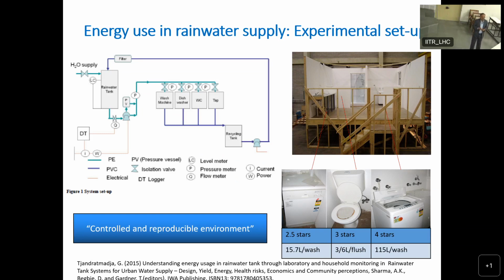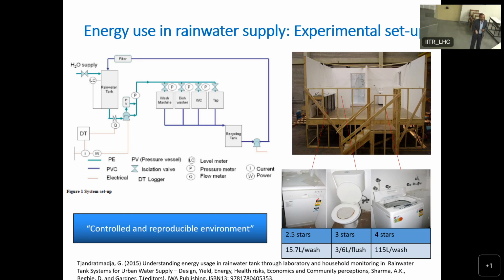That is another study or research that can be conducted for Indian conditions, based on commercially available pumps: how much energy will be required if we are supplying water to internal applications, either by gravity or otherwise, depending upon where the tank is situated.